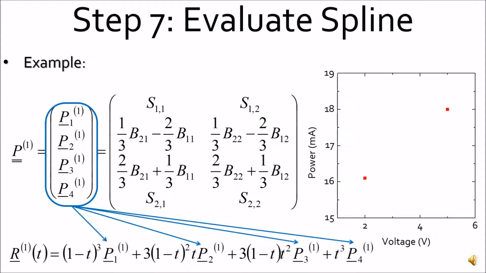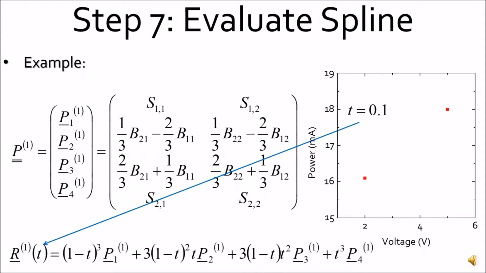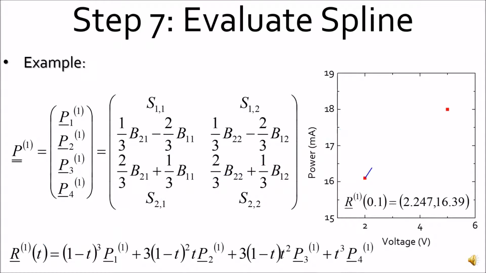Okay, so I'm just going to run through in steps of 0.1. If you enter 0.1 into this equation, the result you get is the following: 2.247, 16.39. And then we're just going to run through and evaluate the equation R in steps of 0.1. I'll not read them out.